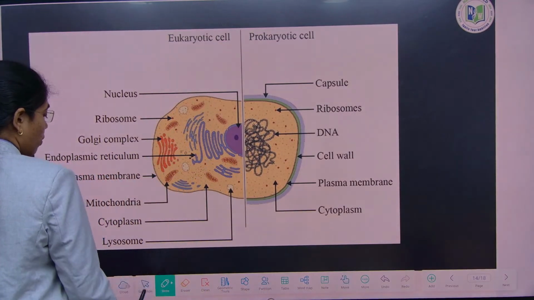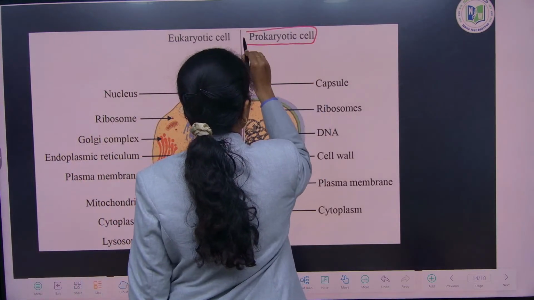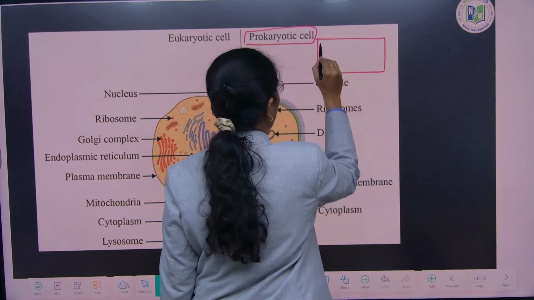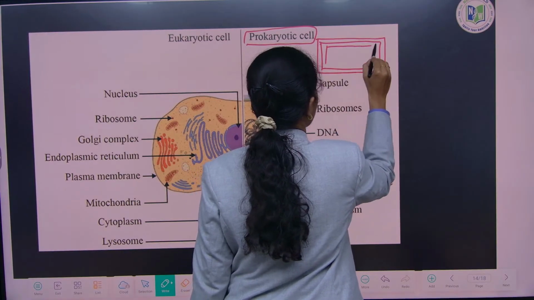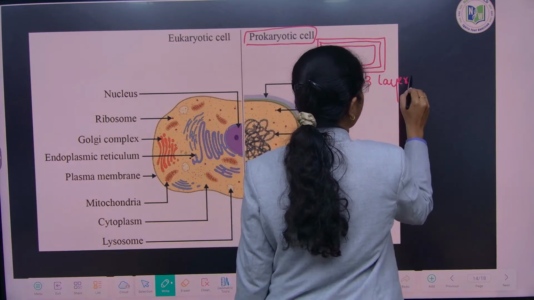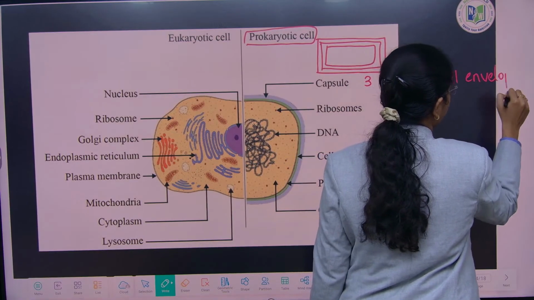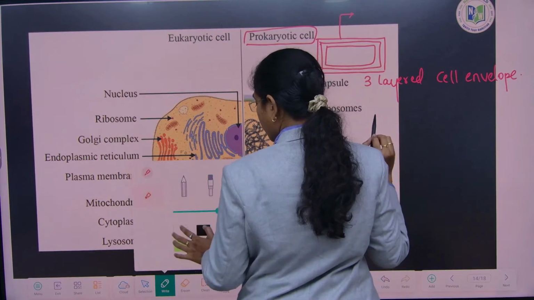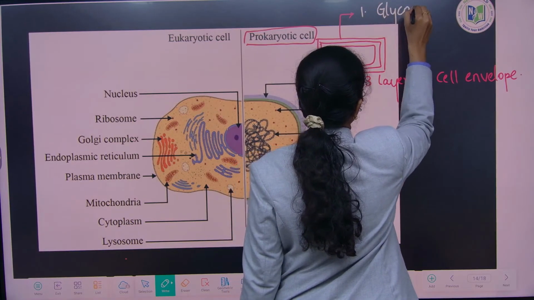First, we will start with the limiting boundary. Prokaryotic cell is surrounded by a 3-layered cell envelope. Remember, it has a 3-layered cell envelope, whereas the outermost layer is known as glycocalyx.